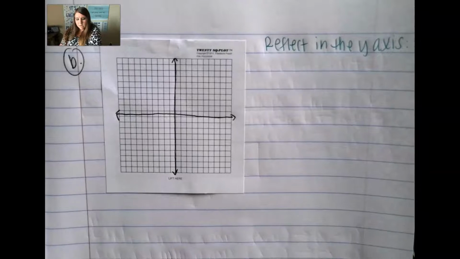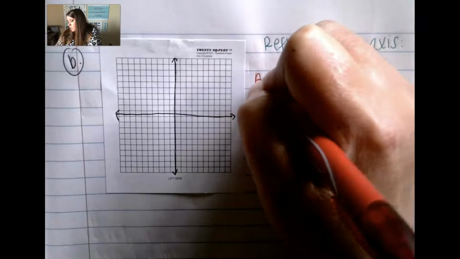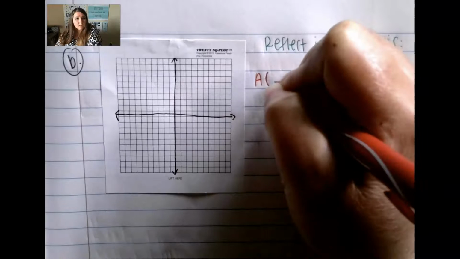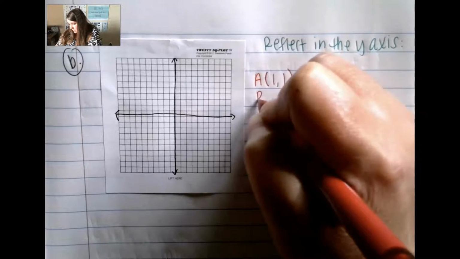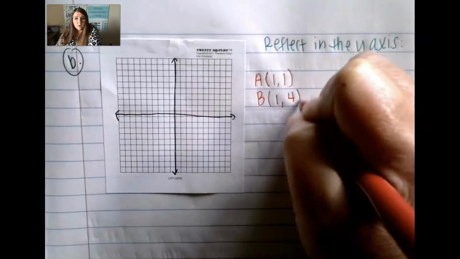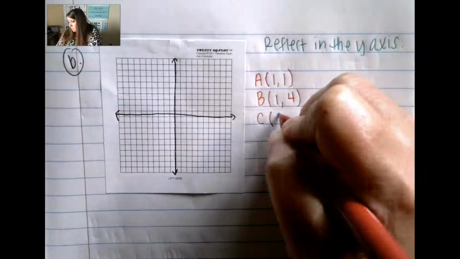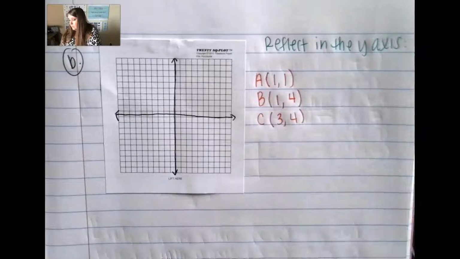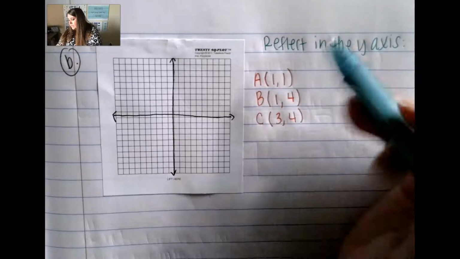Okay, we're going to start again with the same exact points that we had before, just so that we can keep this the same. So A, 1, 1. B, we had 1, 4. And C, we had 3, 4. Okay, we want to reflect on the y-axis.